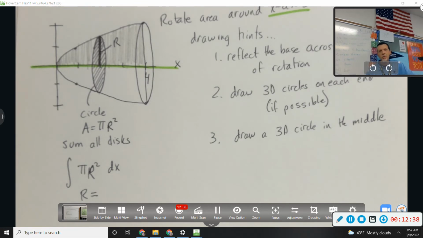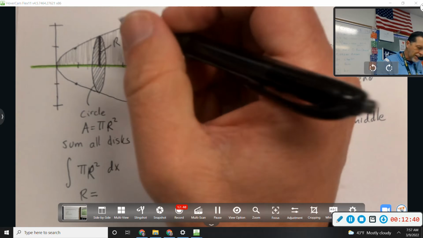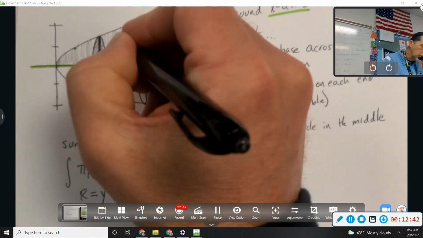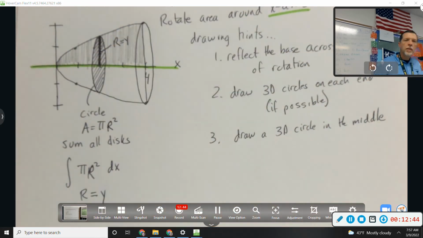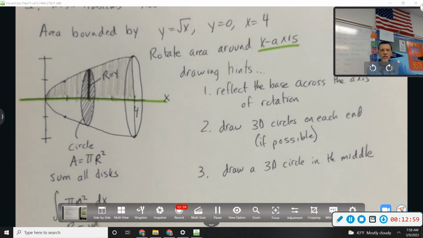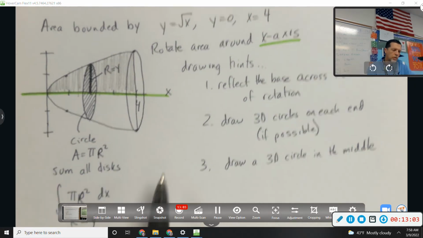It's a y distance, and it's measured from the x-axis, so R equals y. So that radius is y. But it still doesn't really work for my integration because I can't stick a y in an x integration. So what does y equal? Square root of x.